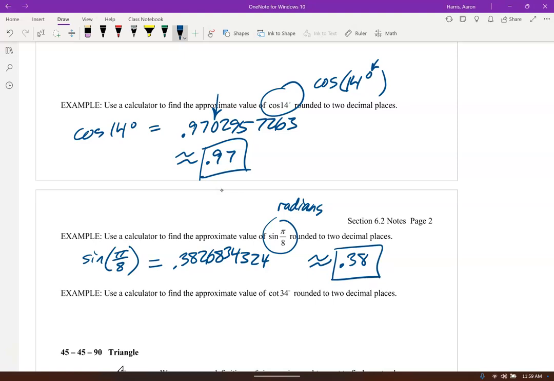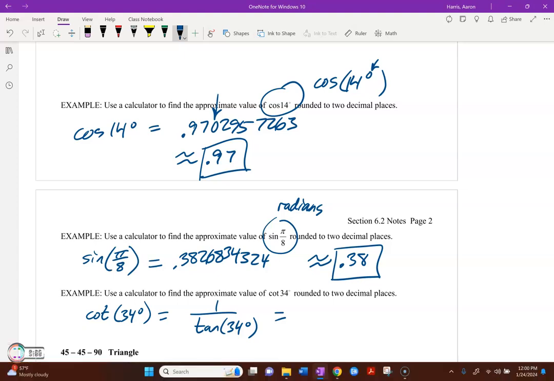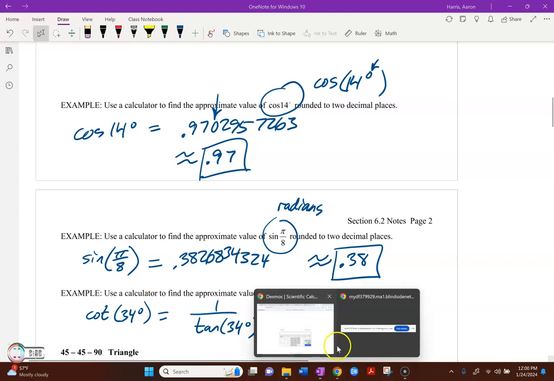Now cotangent, notice I didn't have a cotangent function on there, but cotangent is the reciprocal of tangent. So cotangent of 34 degrees is the same as 1 divided by the tangent of 34 degrees. And so that's how we're going to punch that in. Make sure you can do that on a calculator as well. Let's punch that in.